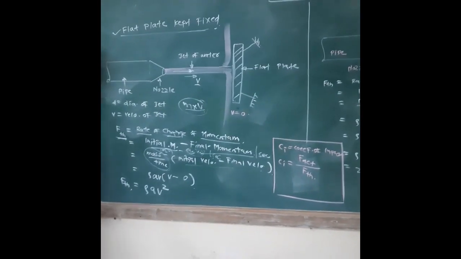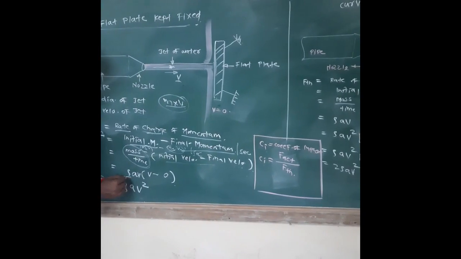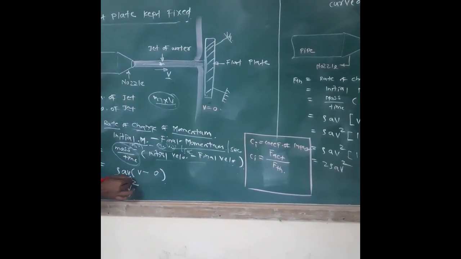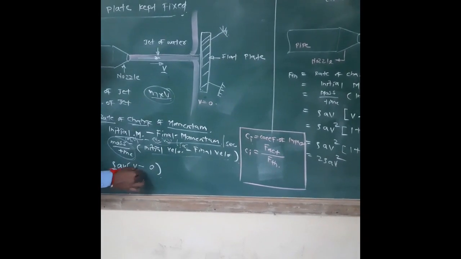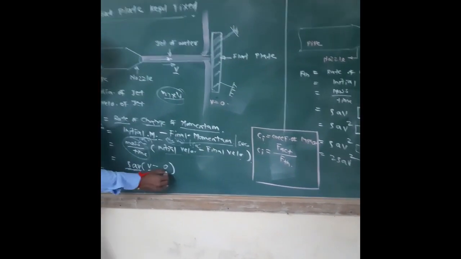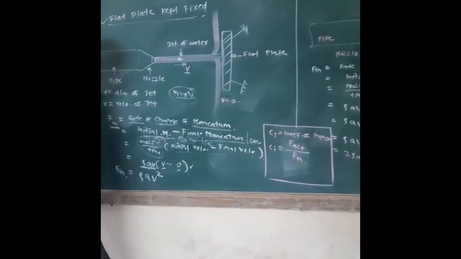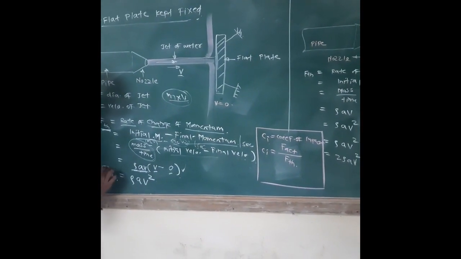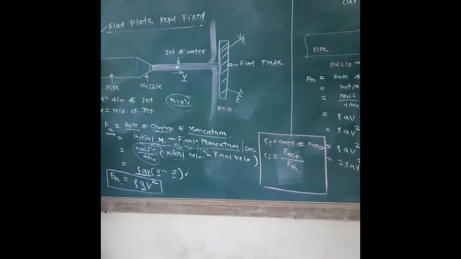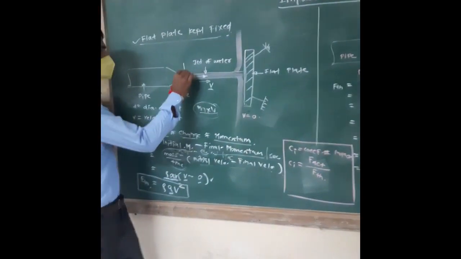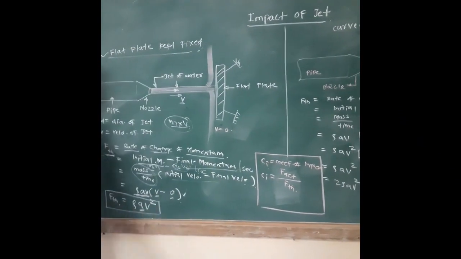What can we write for the mass flow rate? Density multiplied by discharge. So I am writing rho a v, and in brackets, initial velocity is v and final velocity is 0. That is what we discussed in the theory lecture. The equation we get for the force is rho a v square, where a is the area of flow, that is, the area of this jet of water.